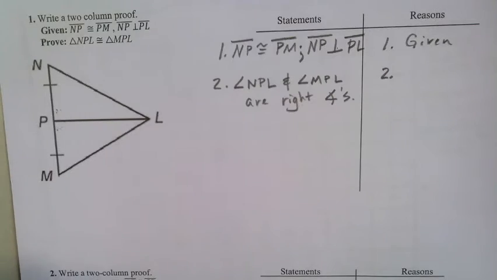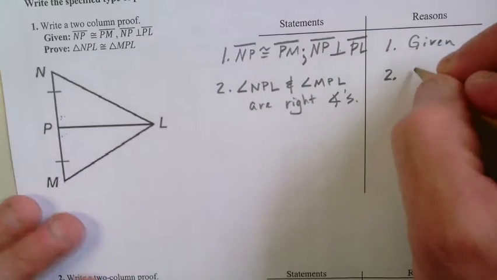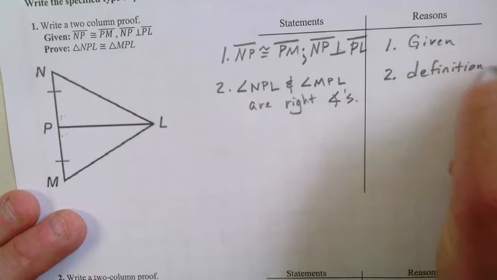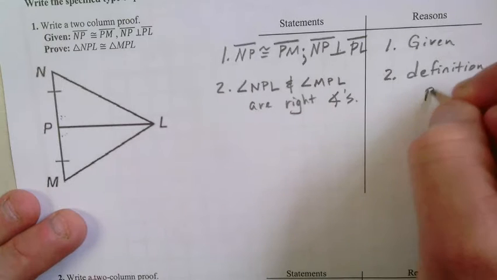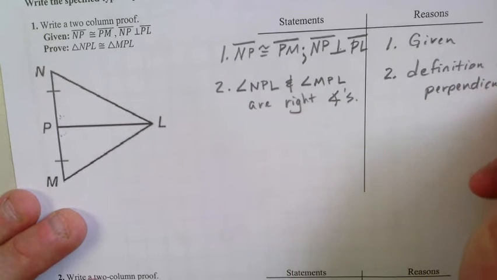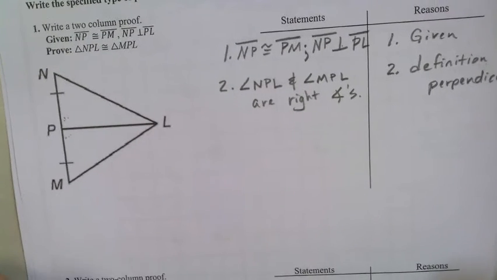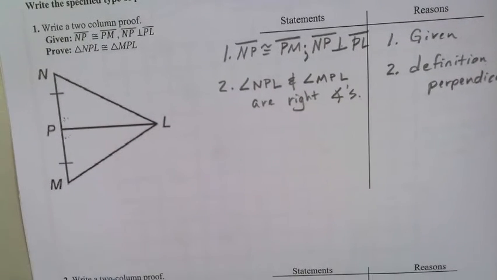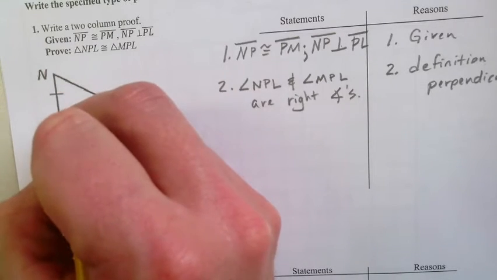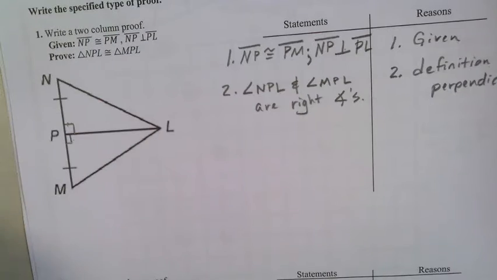How did I know that they were right angles? Because of the definition of perpendicular. Okay. Now, from here, the next thing I'm going to do is something like this. I mark my picture out there.